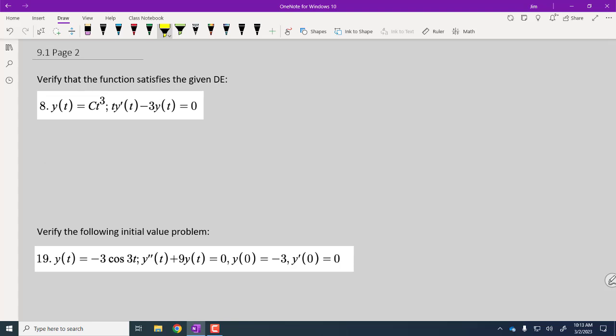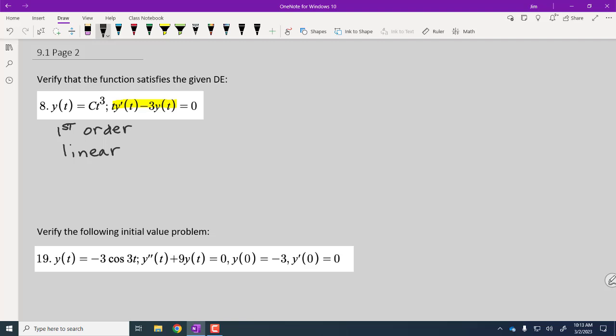So right here, this is a differential equation. It is a first order differential equation because we see that the highest derivative is just the first derivative. And it is linear because the y and the y prime are not raised to any powers. They're not multiplied by each other.